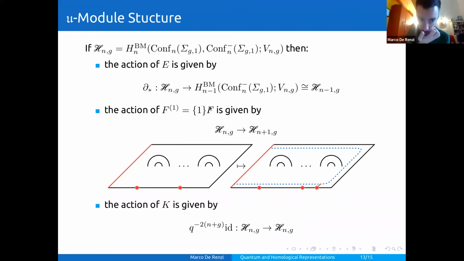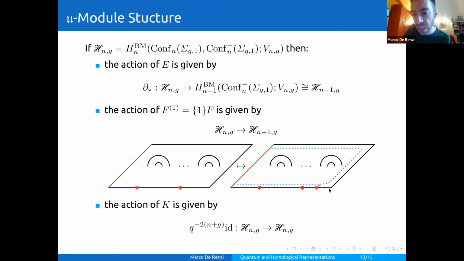And then the action of F1, so F1 is just the first divided power of F. This is just a scalar multiple of the generator F I was using before, which is more natural from the homological point of view. And the action in this case is given by taking any homology class you might have here and adding to it a copy of the complementary part of the boundary with respect to delta minus.